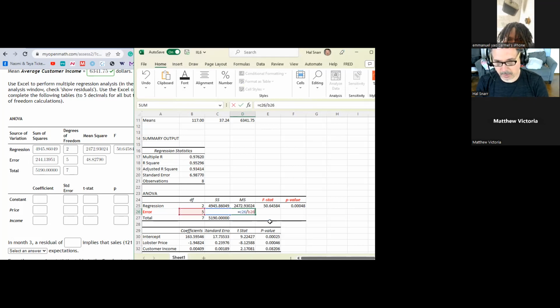If I divide those 2, I get the mean square due to error. And then the F-stat ends up being the ratio of these 2 measures of variance, this variance divided by that variance. That's what the F-stat is, right?